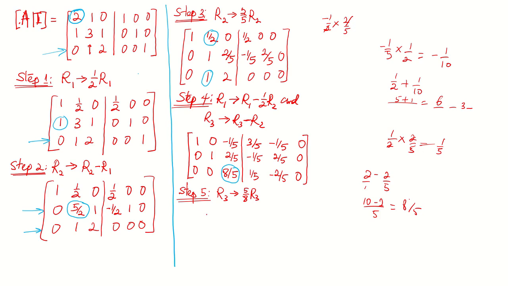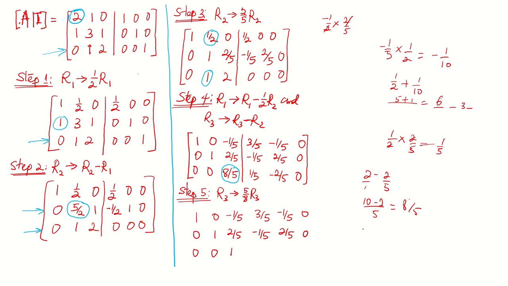When we perform the operation, row 1 remains the same: 1, 0, minus 1 over 5, 3 over 5, minus 1 over 5, 0. Row 2 remains the same: 0, 1, 2 over 5, minus 1 over 5, 2 over 5, 0. And then multiplying 0 by the inverse keeps these numbers as 0, and this becomes 1.